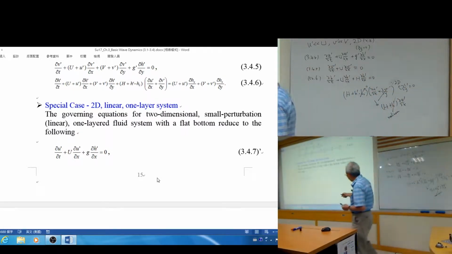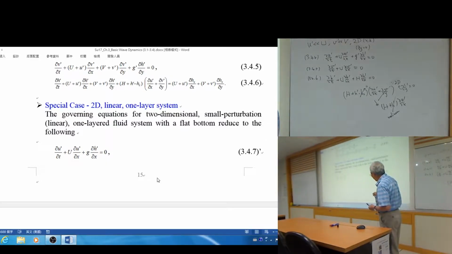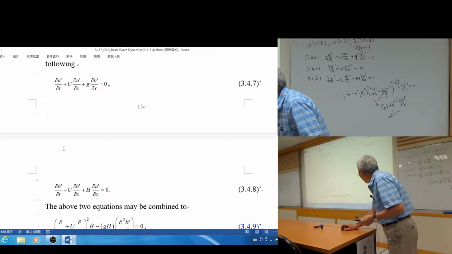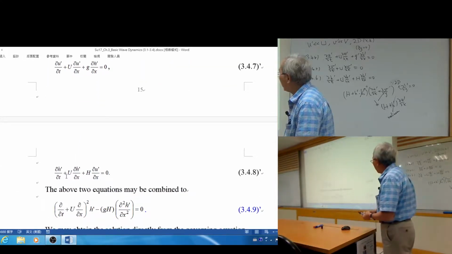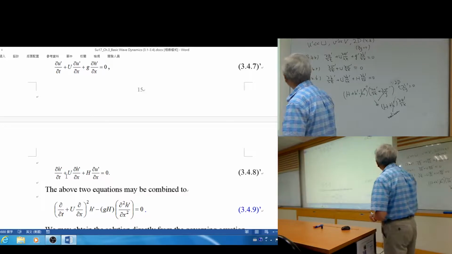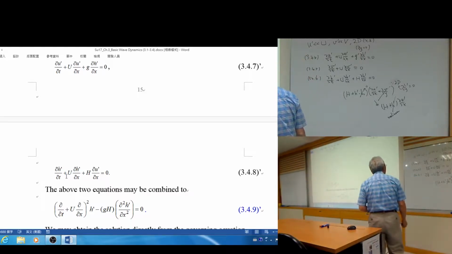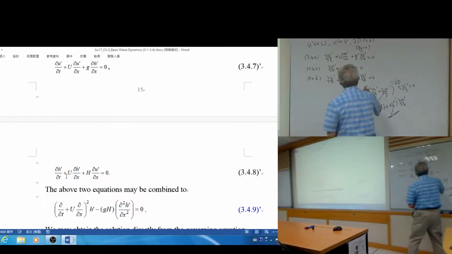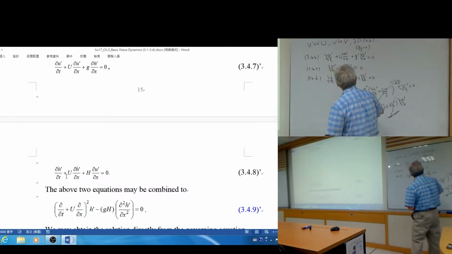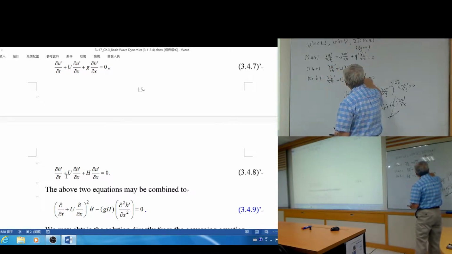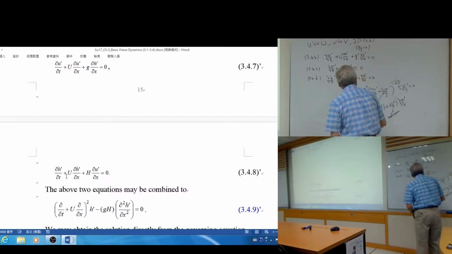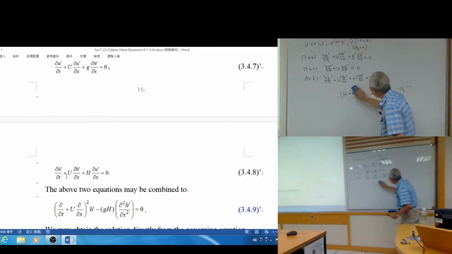So the y momentum and x momentum reduce to this, and then this last equation becomes like this. Capital H, partial u prime. Okay, that's good, so this is u prime. So we can erase this.